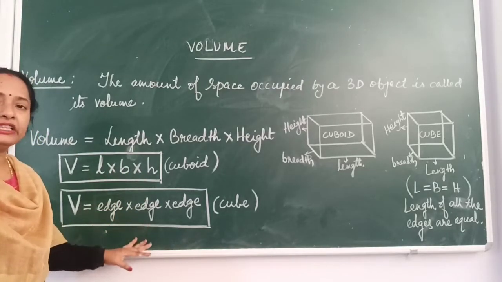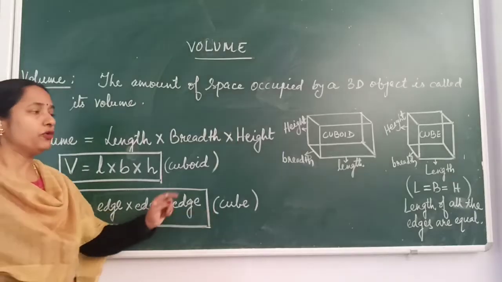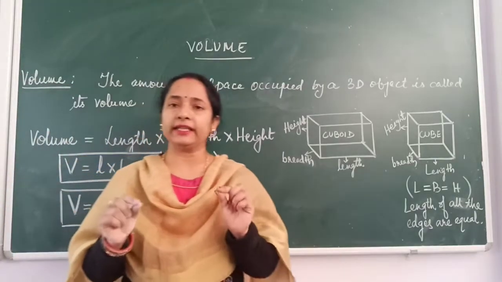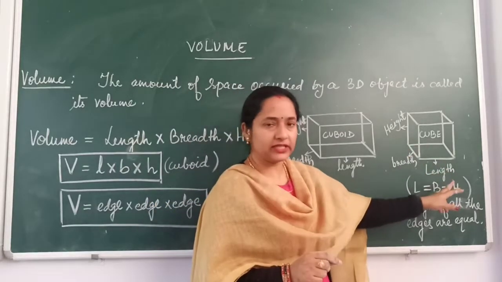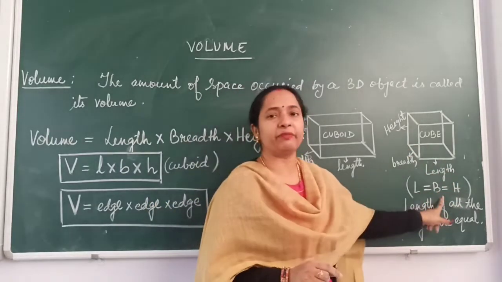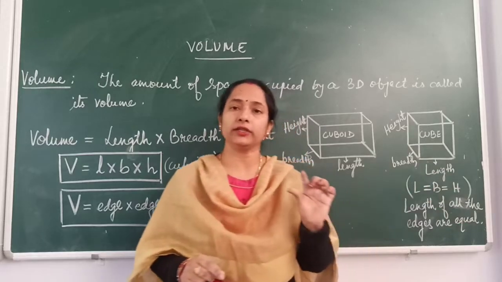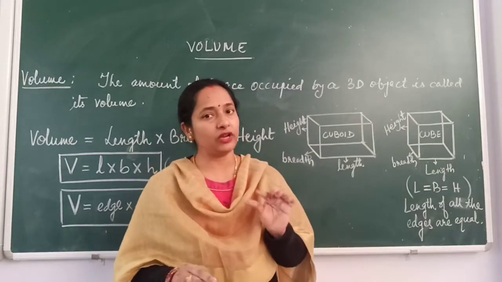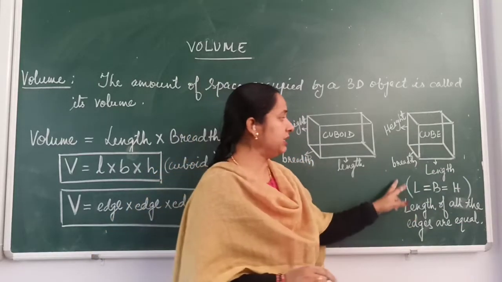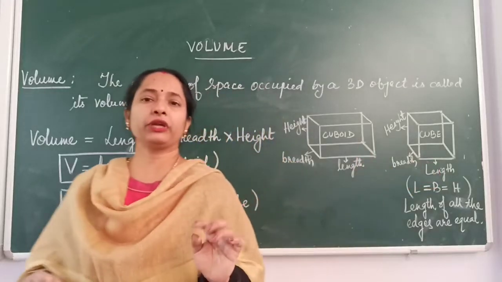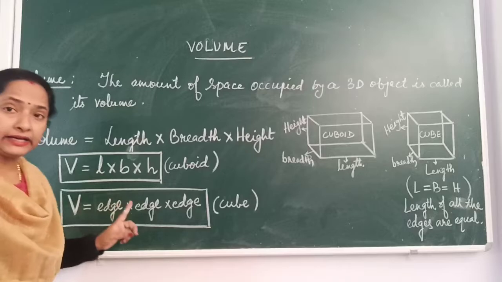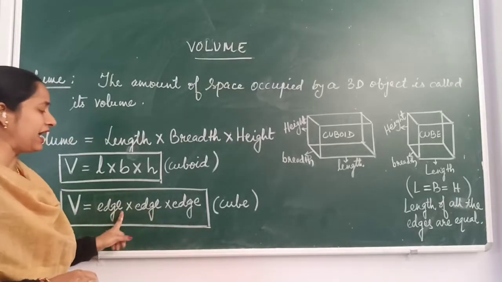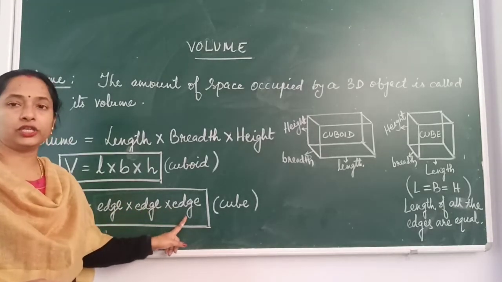Whereas for finding the volume of a cube, we know that the lengths of all the edges of a cube are the same, isn't it? Whether it is the length, breadth or height, every dimension will be equal in a cube. So you can find the volume of a cube by multiplying the edge three times.